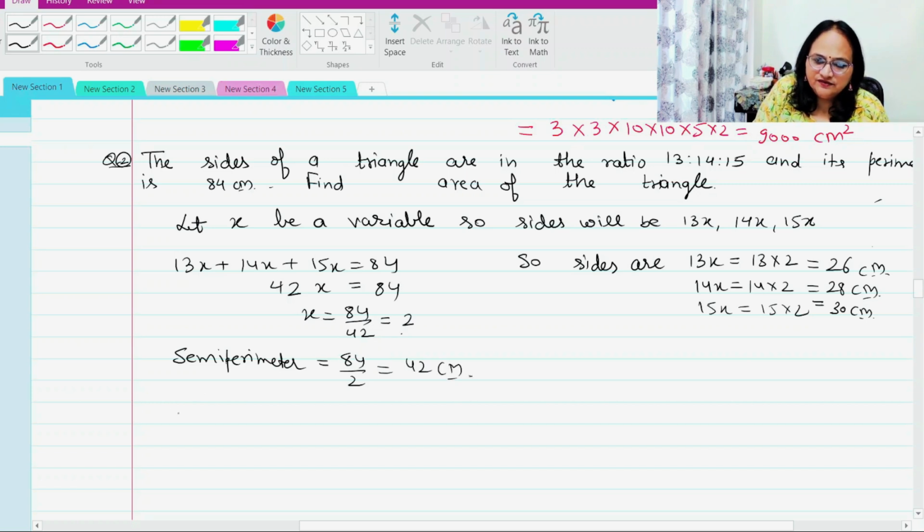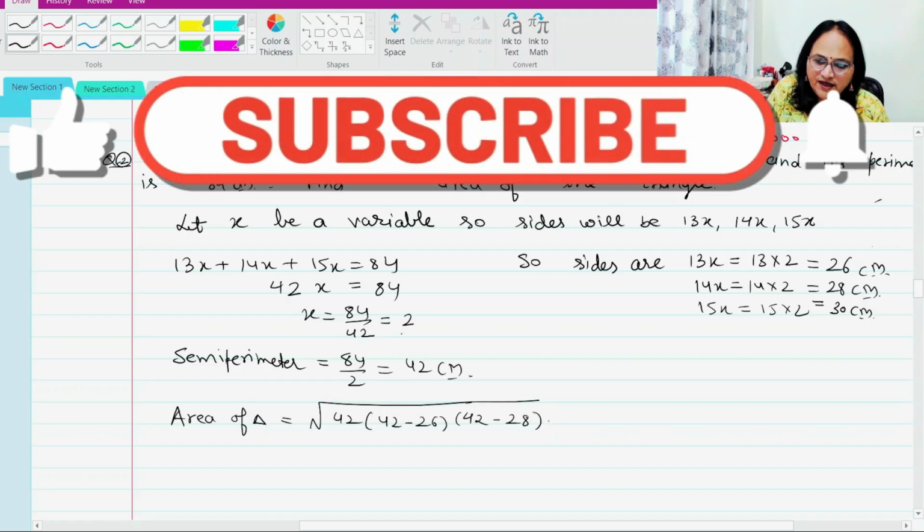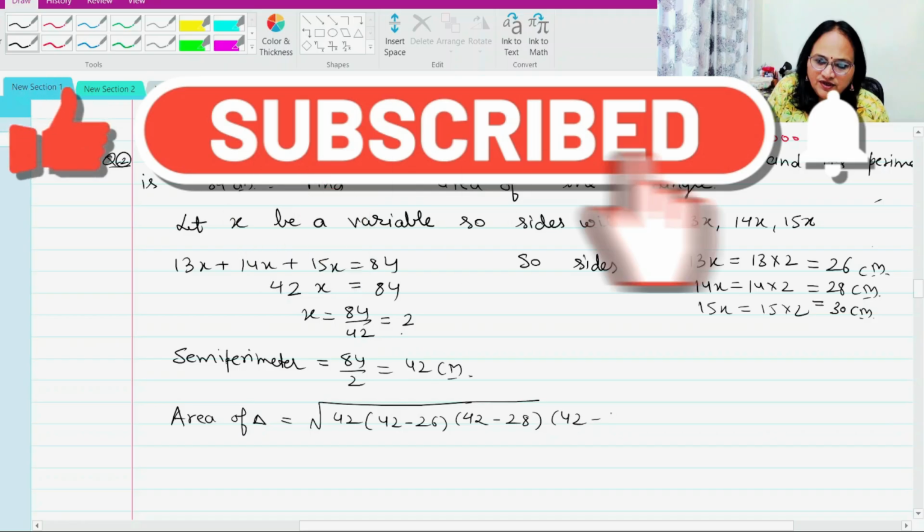Plug in the values in the formula. So area of triangle will be root of 42 into 42 minus 26, 42 minus 28, 42 minus 30.